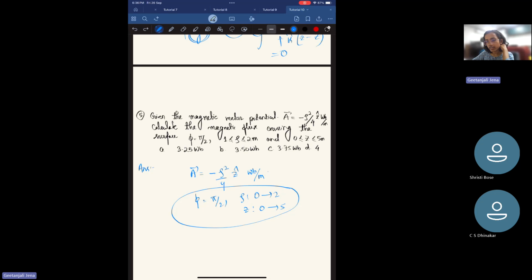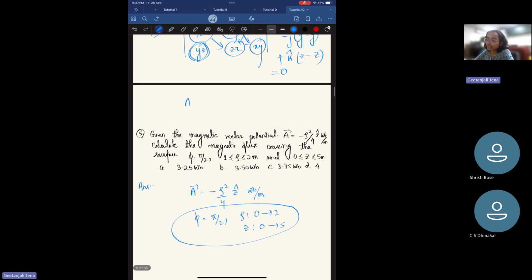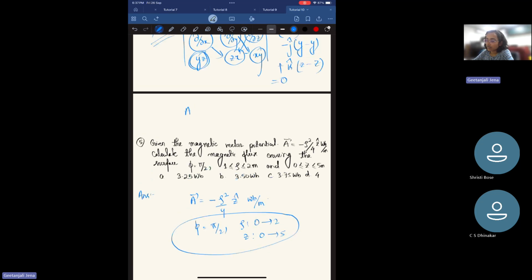Can we say that line integral in a closed loop is always 0? Actually, it depends on A. If A is varying, then in that case it is different. Only when A is behaving like some constant will this eventually come out as zero.